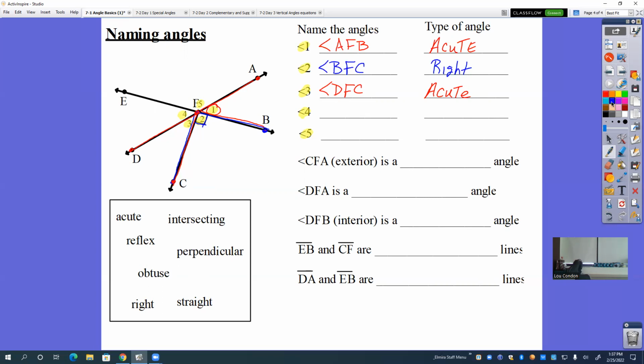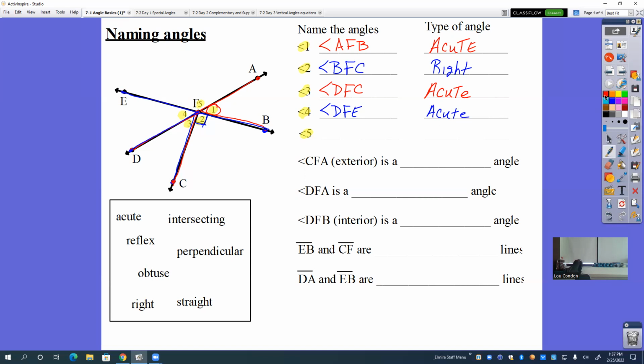Angle 4, we have D, F, and E. As you can see, it's still less than 90 degrees, so therefore it's an acute angle.